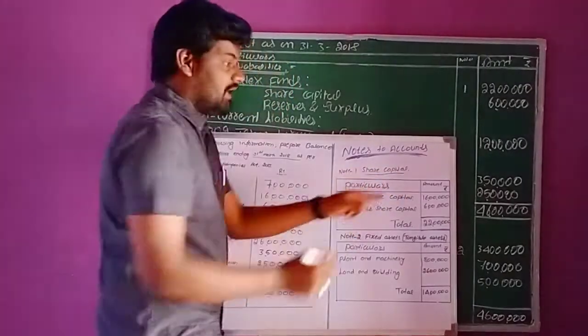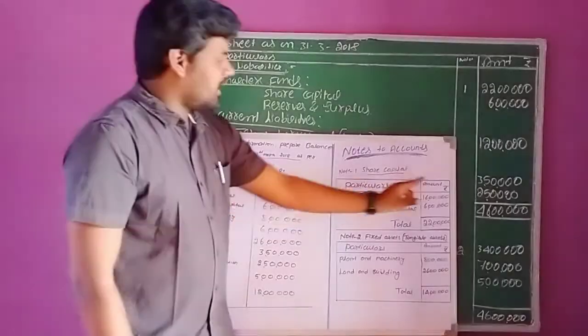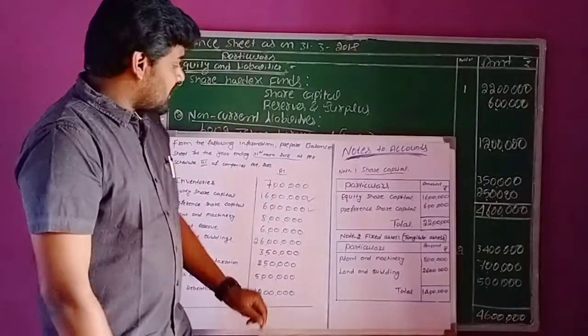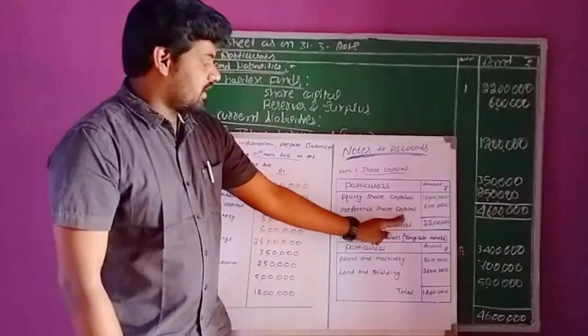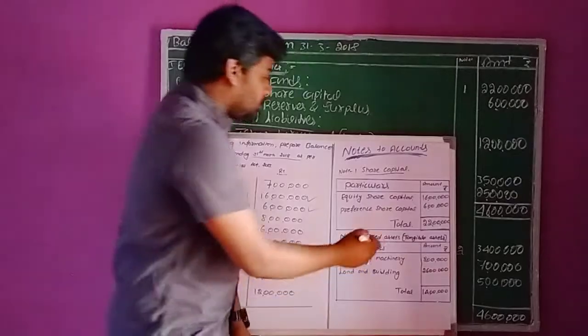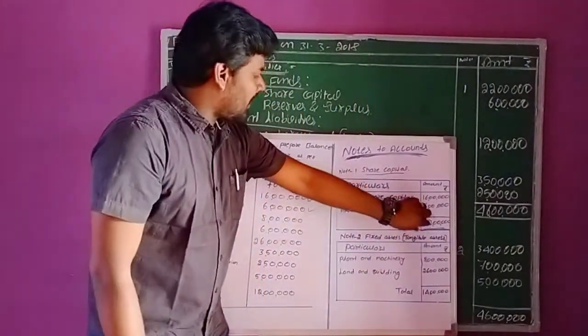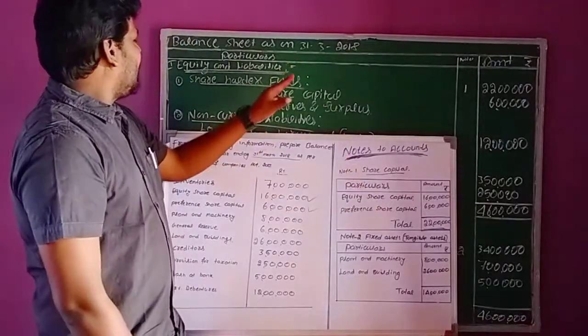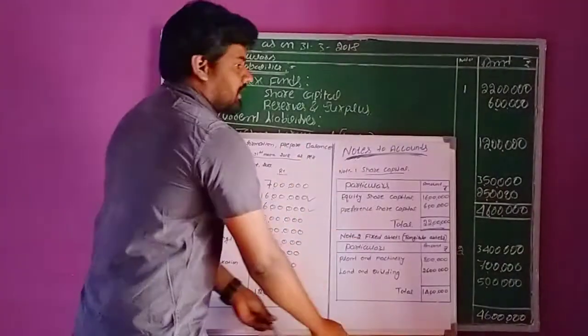First we need to find the value of share capital. Under it we take columns, particulars and one amount column. They gave two types of capital, equity share capital as well as preference share capital. Both values total 22 lakhs. This is the total balance of share capital. This total balance we need to enter under the shareholder funds by way of share capital.